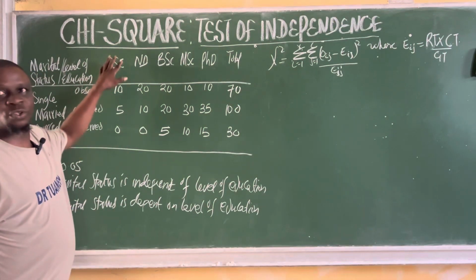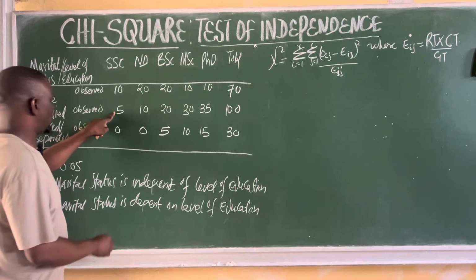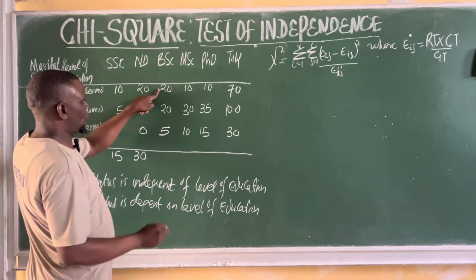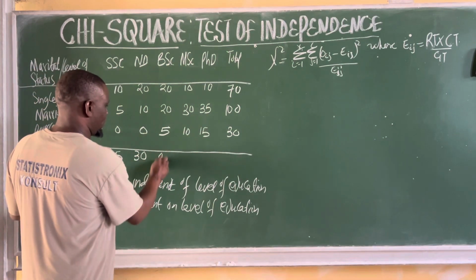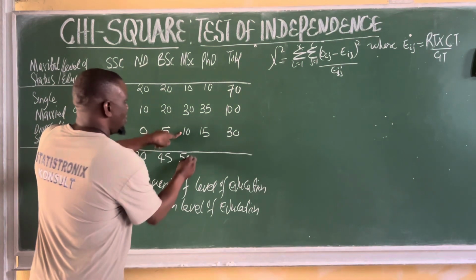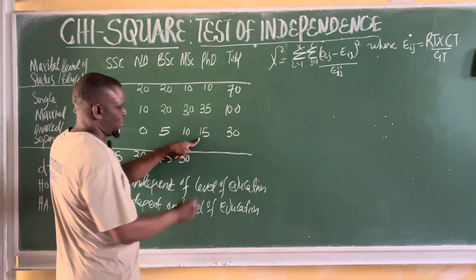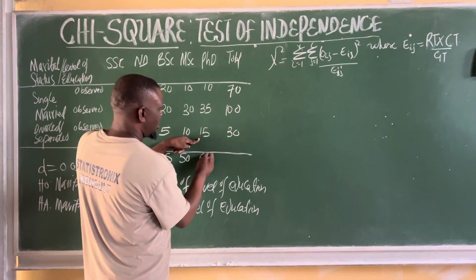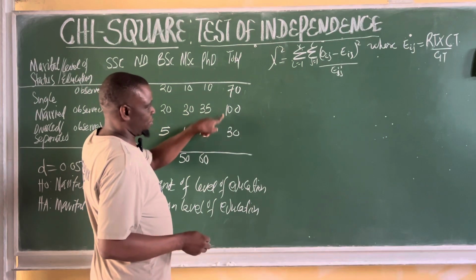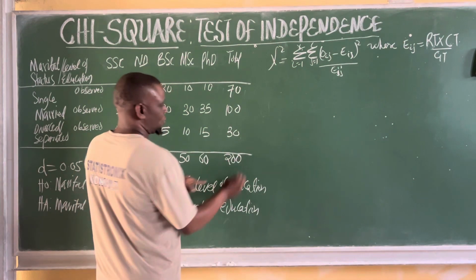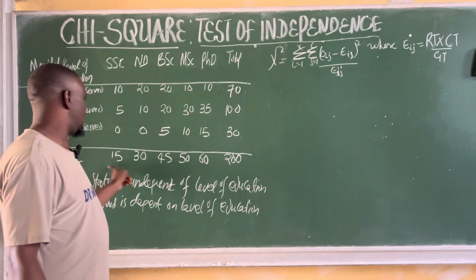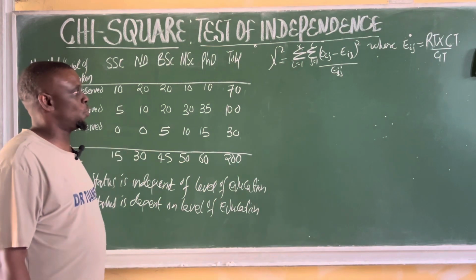We also have to sum the columns, so that this plus this will be 15, 20 plus 10 will be 30, 20 plus 20, 40 plus 5, 45. 10 plus 30, 40 plus 10, 50. 10 plus 30 will be 45 plus 15, 60. The sum of the rows is the same as the sum of the columns, so 170 plus 30 will be 200. This 200 is our grand total.